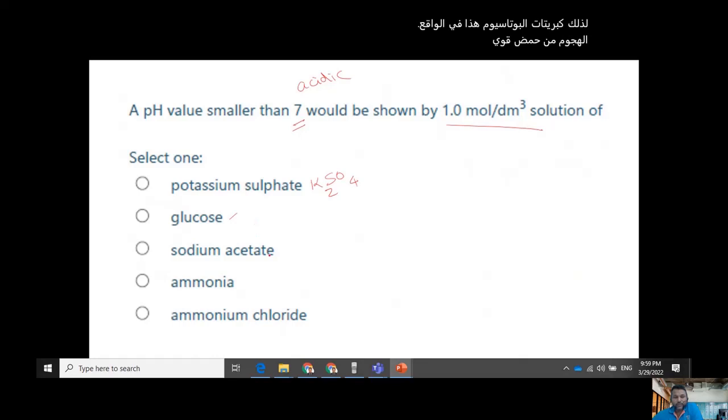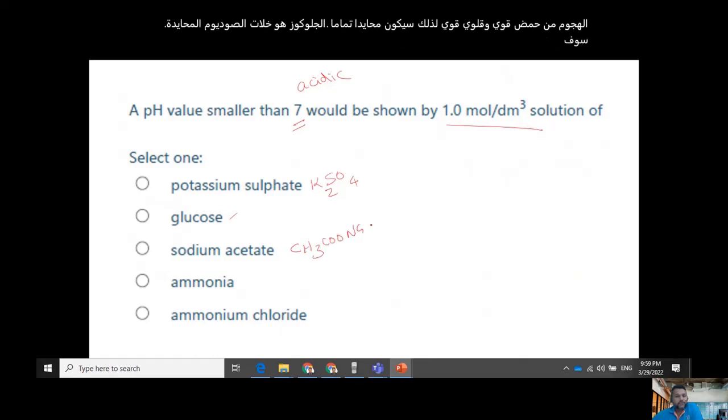Glucose is neutral. Sodium acetate. Sodium acetate will form CH3COONa. This is sodium acetate, which would ionize to form CH3COO minus plus Na plus.